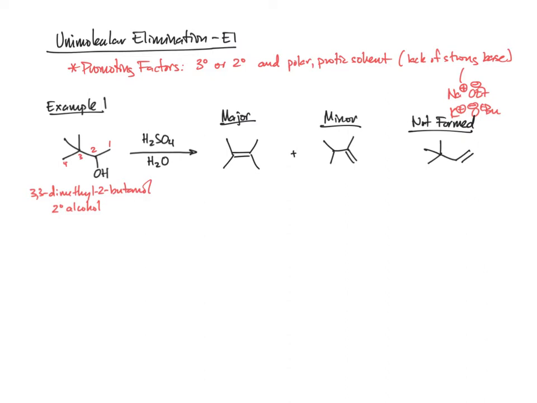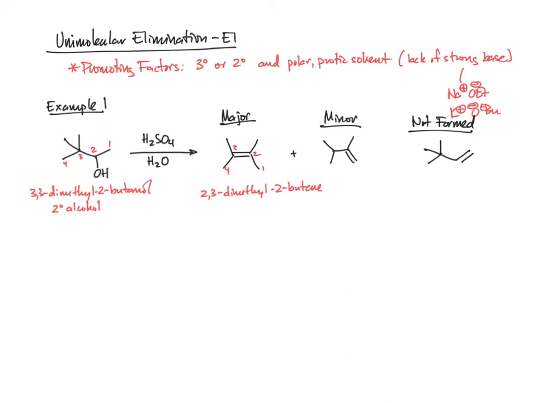So if we look at the major product that's formed, let's go ahead and put some numbers in here too. 1, 2, 3, 4. We can see that the major product is 2,3-dimethyl-2-butene. So again, the 2 in front of the parent here is telling you where the alkene starts. So we see 1, 2, that's where the alkene starts.